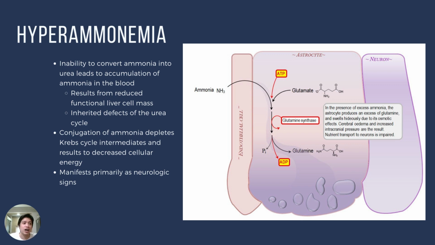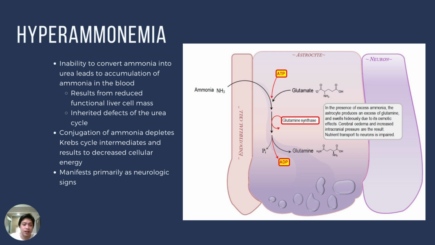Because the neuron is a highly energetic cell and the central nervous system is a highly energy requiring organ system, high levels of ammonia, which again decreases the levels of alpha-ketoglutarate and truncates or stops the Krebs cycle, will then manifest as neurologic signs and symptoms. That means the nervous system is affected.